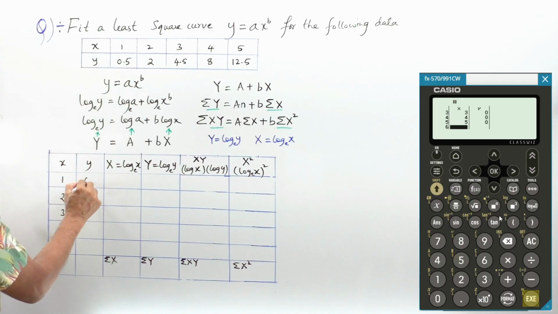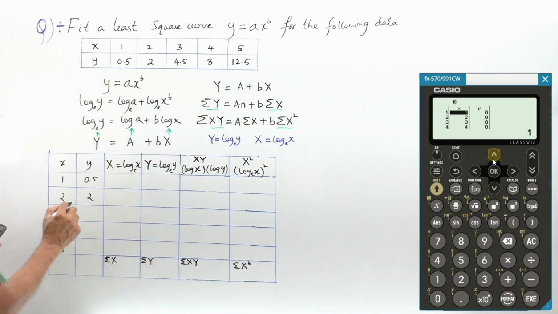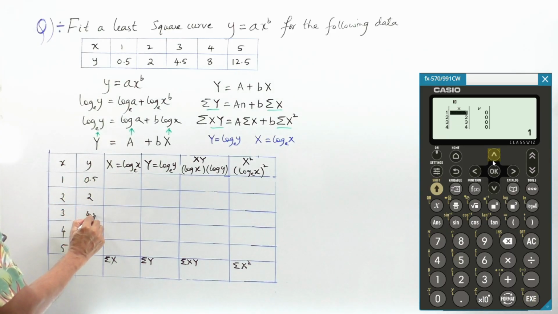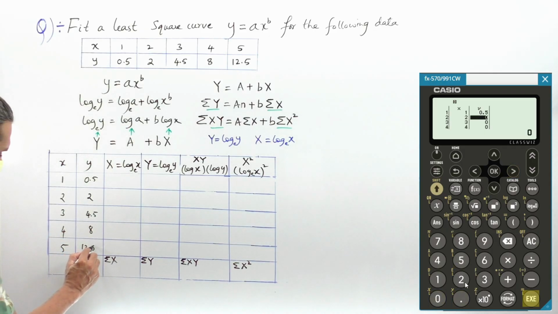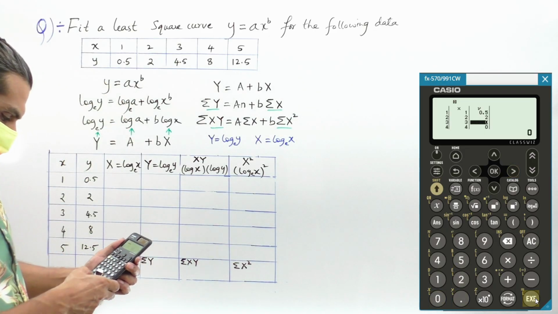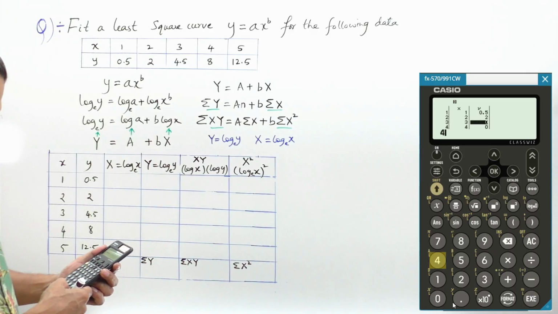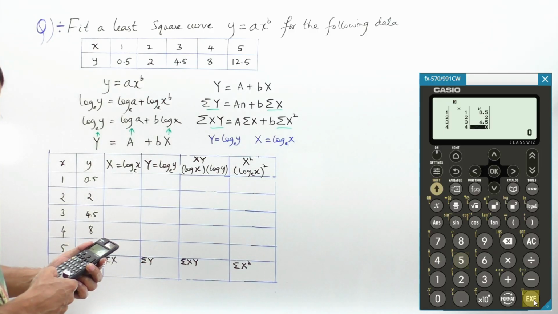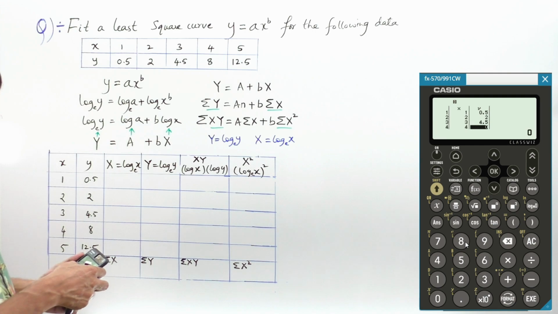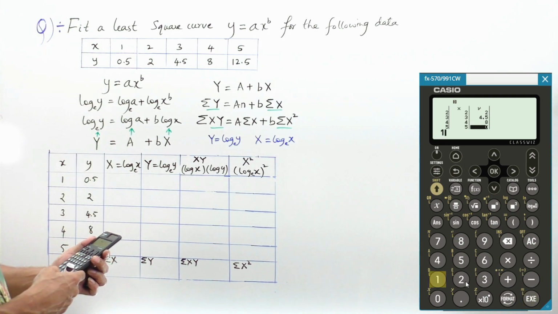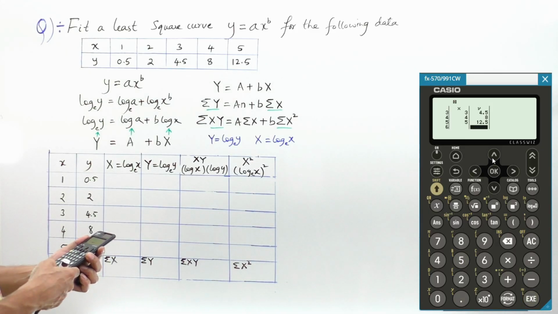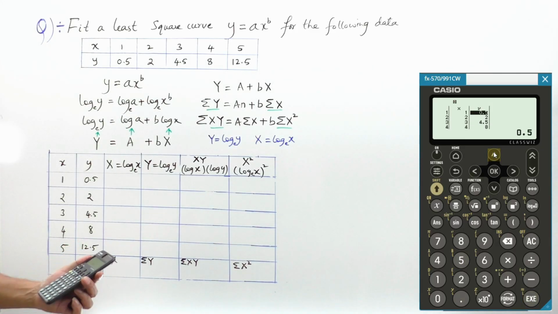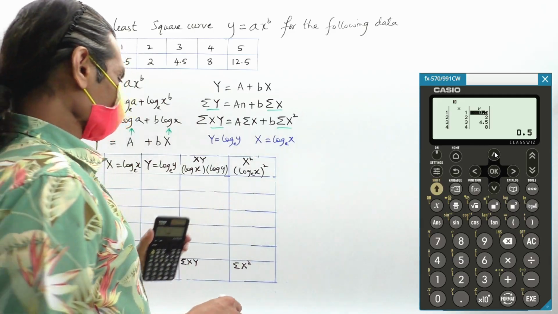Then we have 0.5, 2, 4.5, 8 and lastly 12.5. So 1, execute, 2, execute, 3, execute, 4, execute, 5, execute. Then the corresponding y values are 0.5, execute, 2, execute, 4.5, then we have 8 and 12.5. Done. So we have input all the values here.